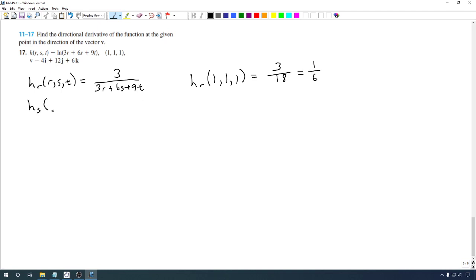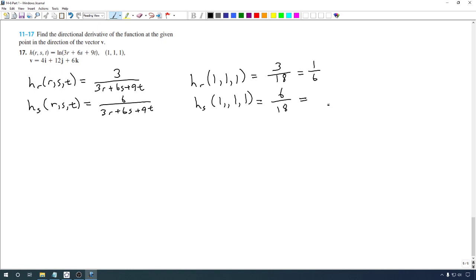Do the same thing for s. In fact, a lot of the process is exactly the same because we are just differentiating the logarithm again. But this time the derivative of the inside is going to be a 6. So we can go ahead and plug in 1, 1, 1. The top is still 6, the bottom is still 18.